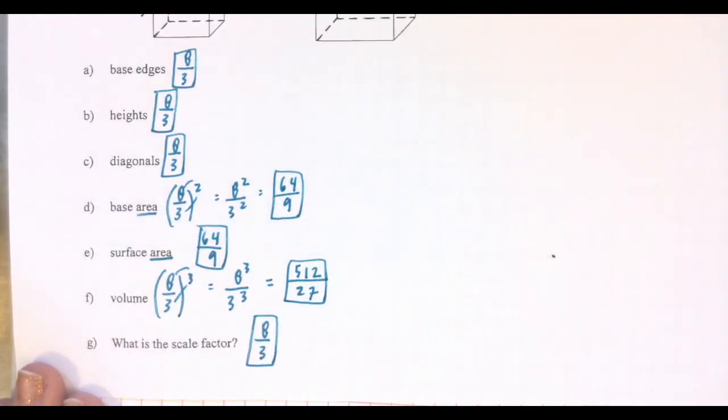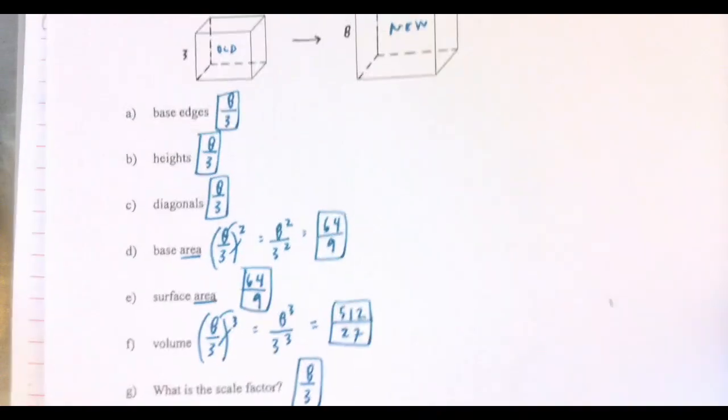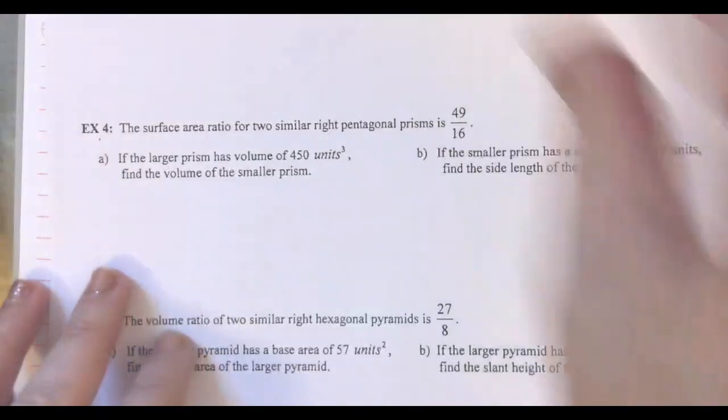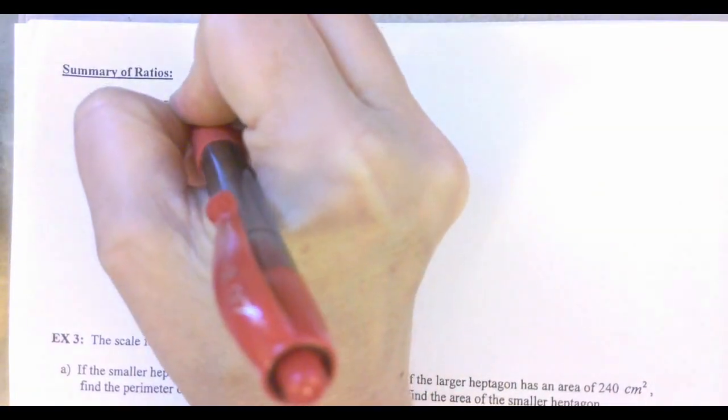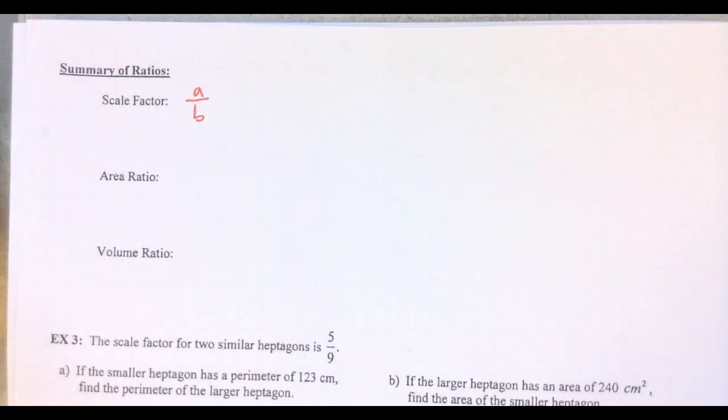All right, let's flip to the back. Here I'm just going to summarize what we've just said. We start with a scale factor. Think of that as the ratio of A to B. That's going to be the same ratio as any sides, any heights, diagonals, perimeter, etc. Basically any segment relationship.